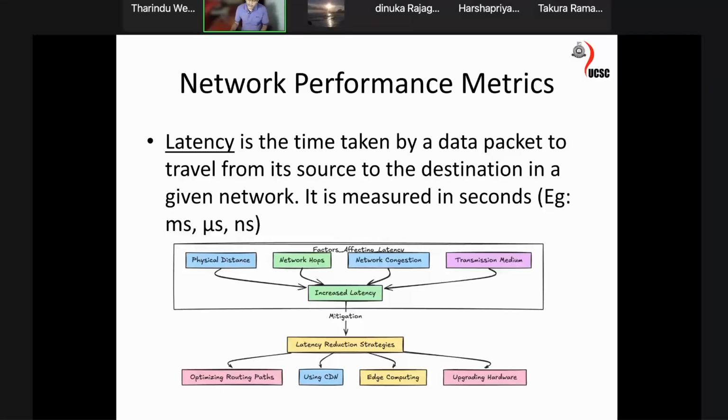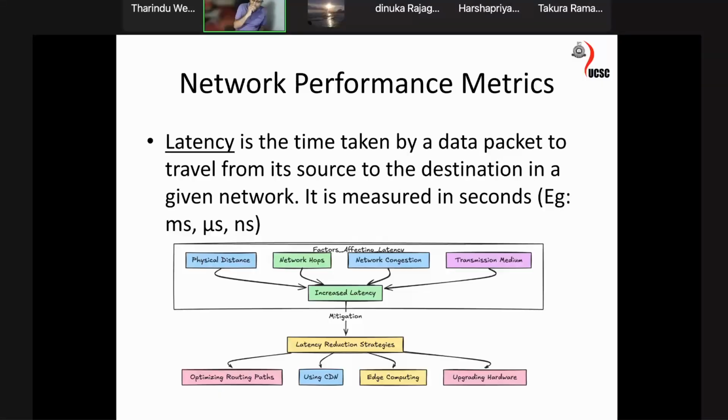The transmission medium. You basically have transmission media such as copper wires, optical wires, fiber optics, and then you can have wireless communication. All three media have different latencies.